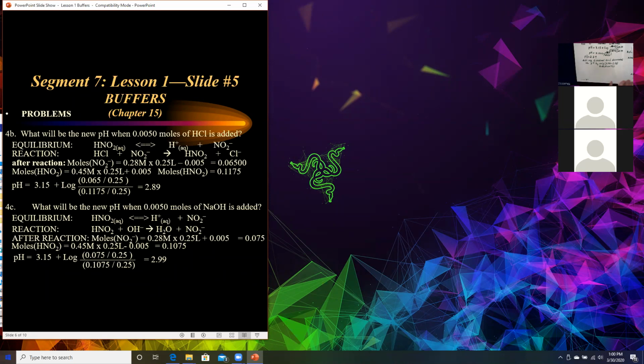This is the calculation done in a little more detail that you can see over in that little thumbnail on the bottom right-hand side of your screen. You can see that we got a new pH of 2.99.